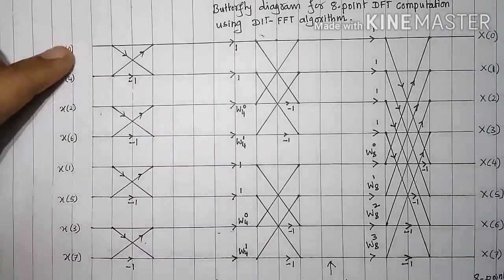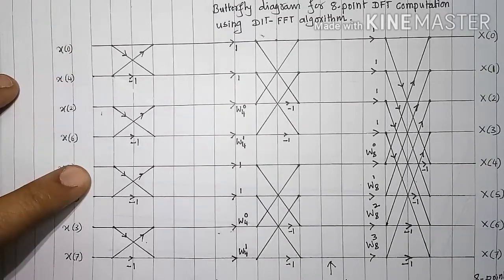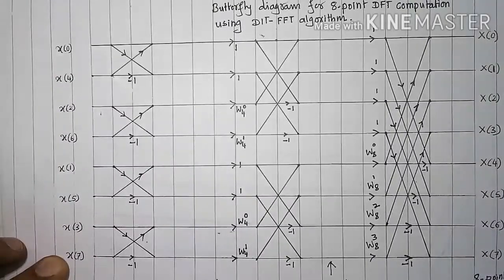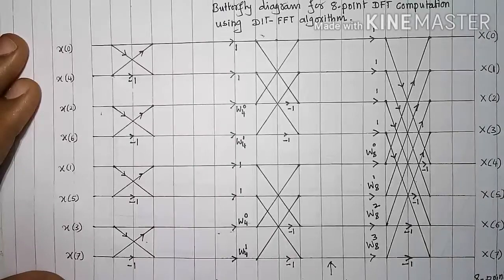Now I will write here the input values as x of 0, x of 4, x of 2 and so on up to x of 7, and show you how to make the computations, right?